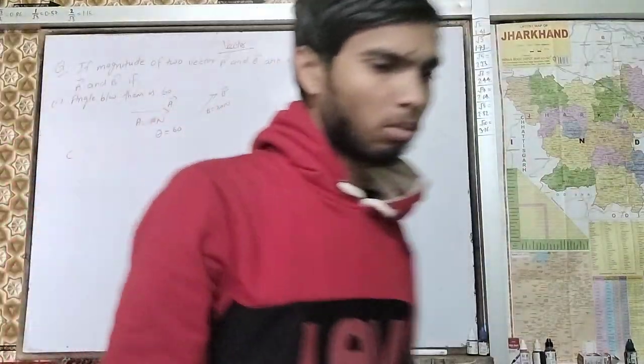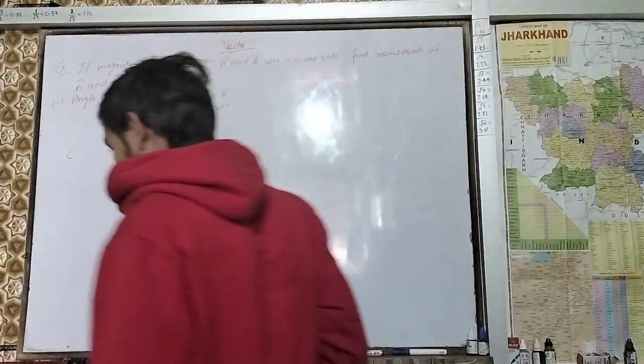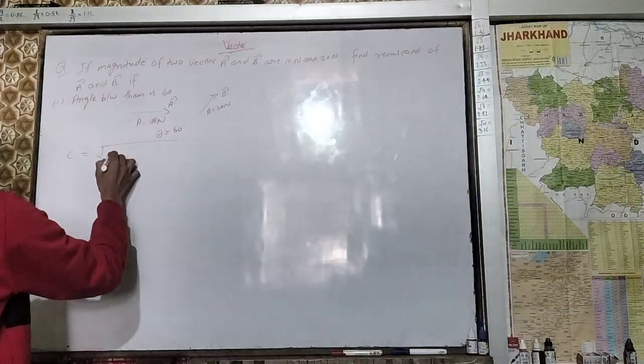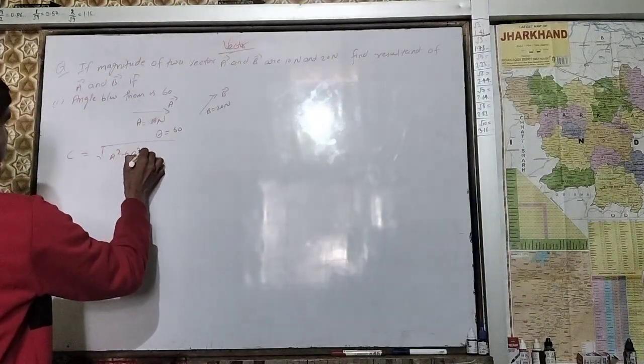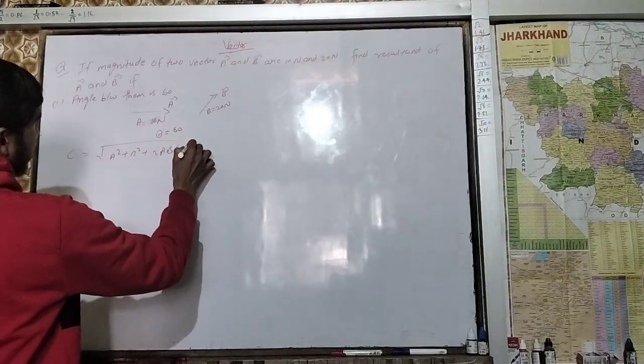Should we use a formula for this? Yes, formula. When it comes to the resultant, the resultant will be equal to the square root of A squared plus B squared plus 2AB cos theta.